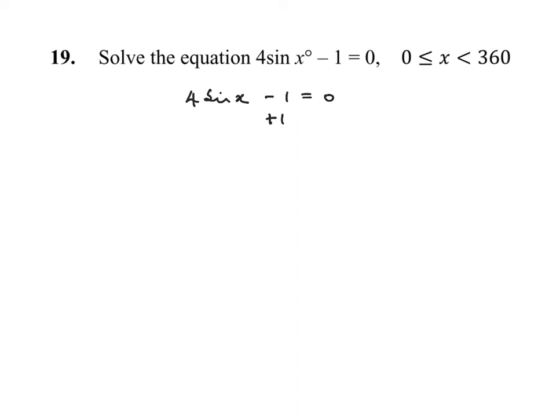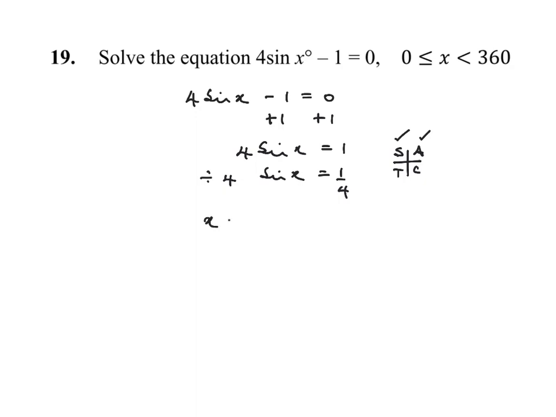We'll add on to both sides, and that gives 4 sine x equals 1, divide by 4, sine x equals 1/4. CAST diagram. The sine function is positive in the first quadrant and the second quadrant.